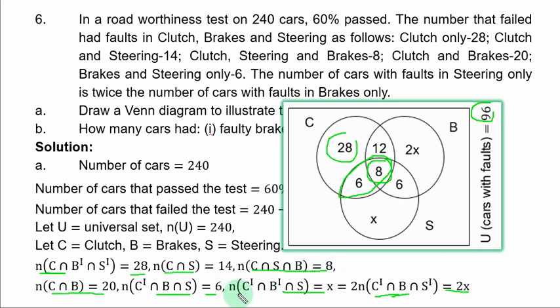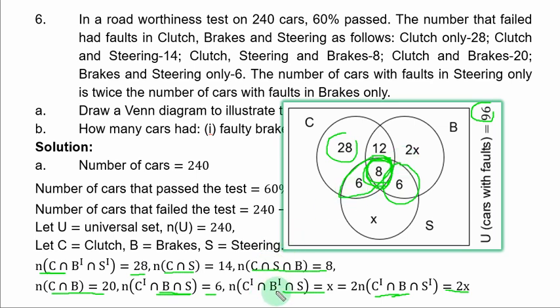Then follows cars with issues on brakes and steering only, without crash. So this part is not included, but just this part, that is 6, because in this place now there is crash here, but we are interested in brakes and steering only.